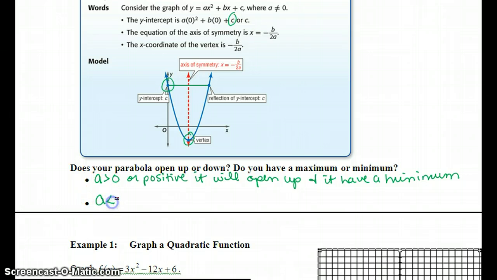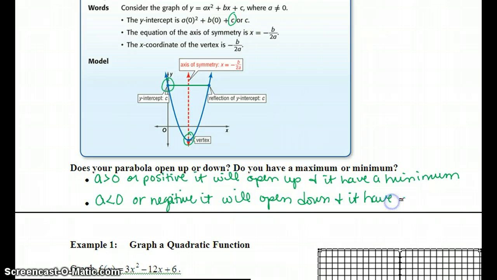If a is negative, or it's less than 0, it will open down and it will have a maximum. This parabola right here in our example is opening up, and so it has a minimum.